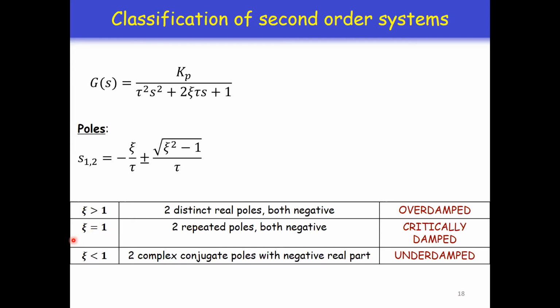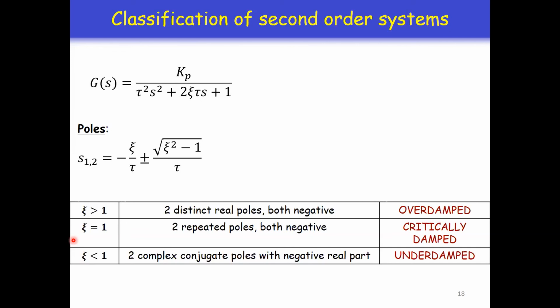We have two repeated poles. The delta is equal to 0, and so you have two repeated poles, minus Xi over tau, and minus Xi over tau. So you have two repeated poles, real, but repeated. So this is critically damped. These systems are called critically damped.